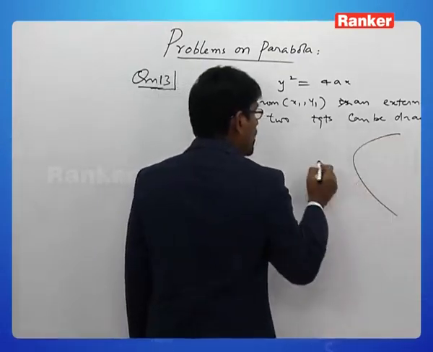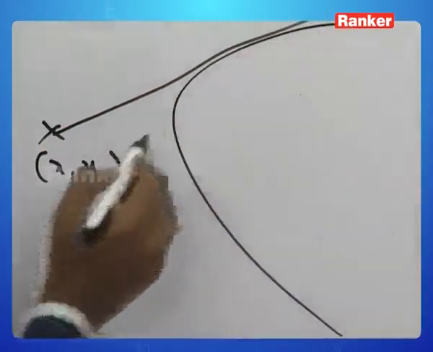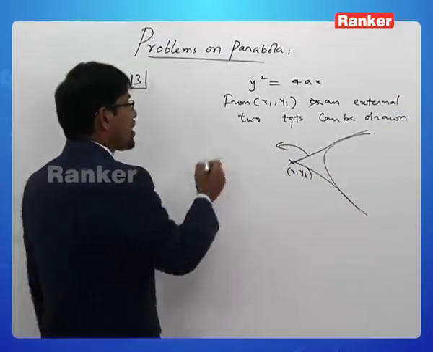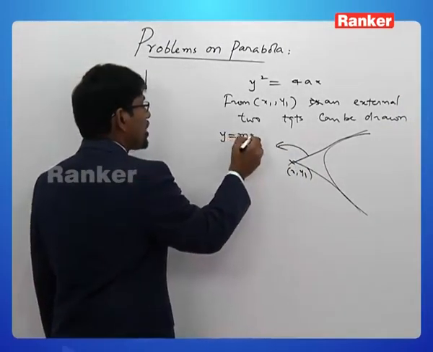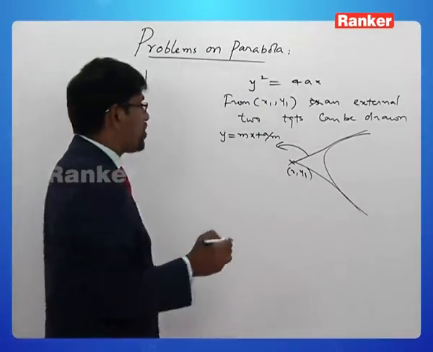Okay, I have an external point (x1, y1). Two tangents can be drawn from it. Let us say this tangent is given by y equal to mx plus a by m.